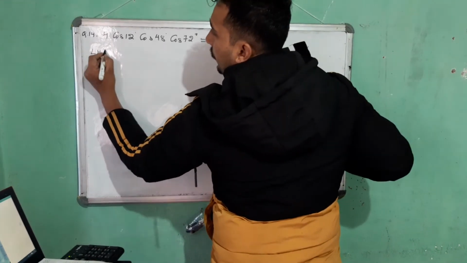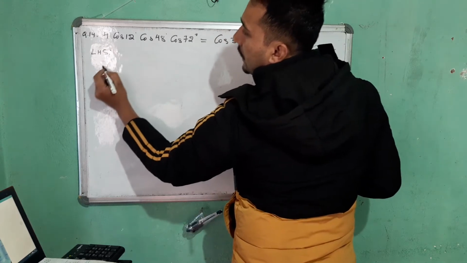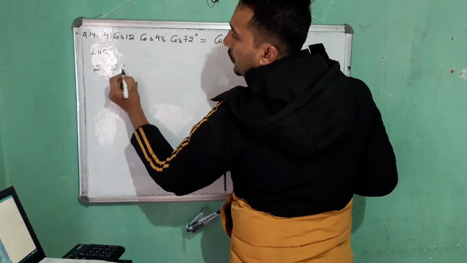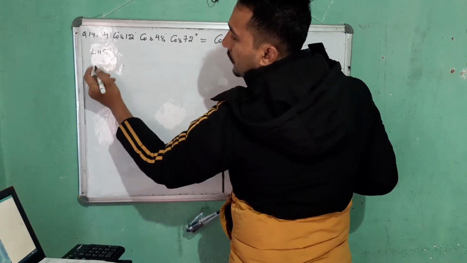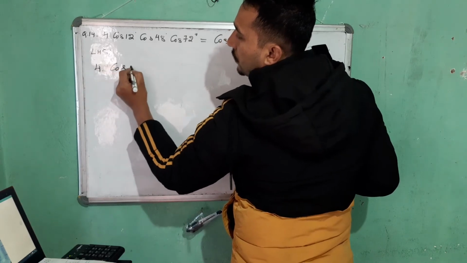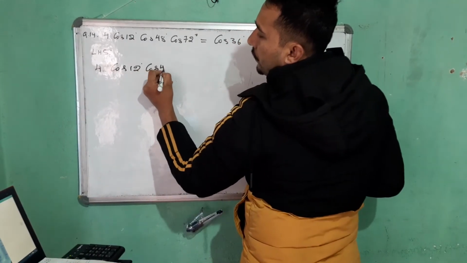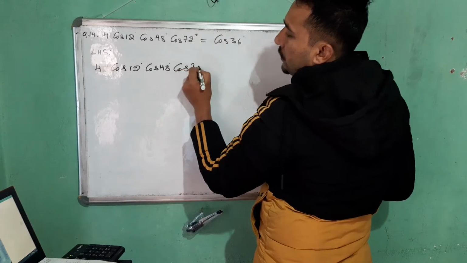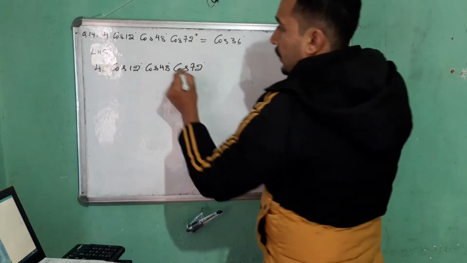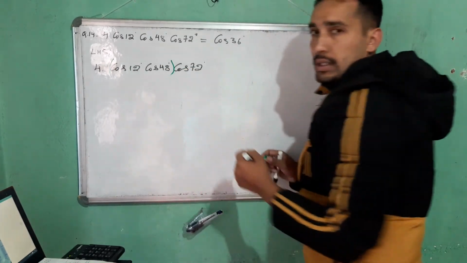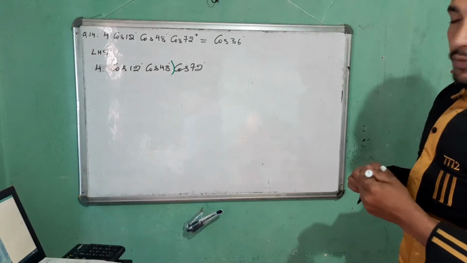So LHS, I'll split this like this. 2 I'll write here and 2. 4 let it be like this only: cos 12 degree cos 48 degree cos 72 degree. I'll follow the same process that I did in the previous question.